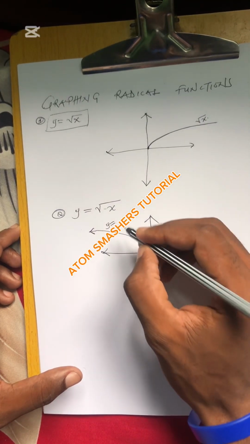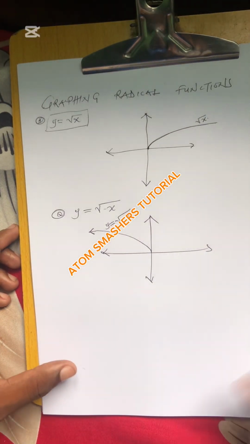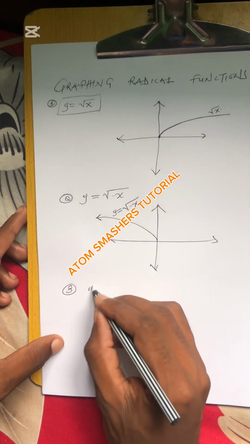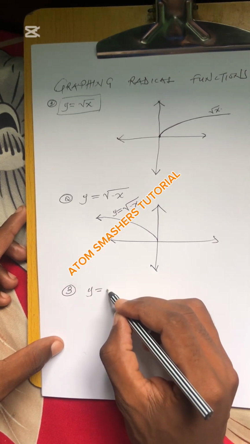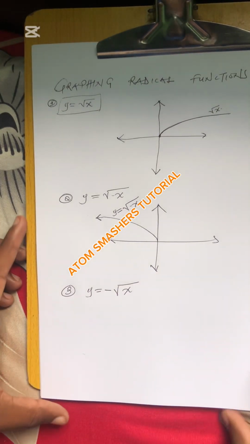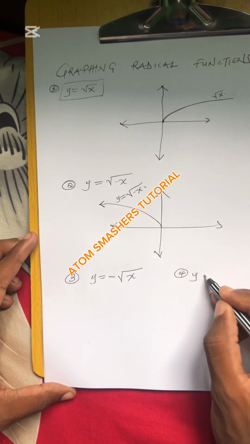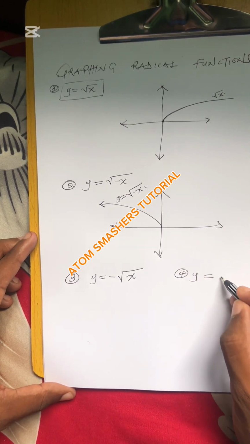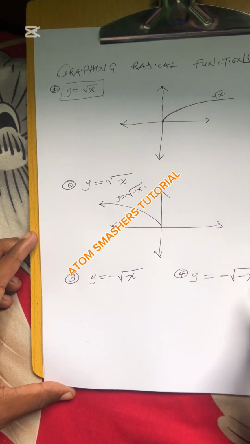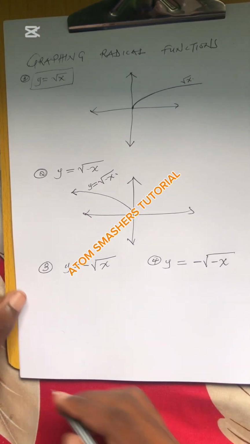Then we have the third: y is equal to negative the root of x. And this is the fourth: y is equal to negative the root of negative x, like that.